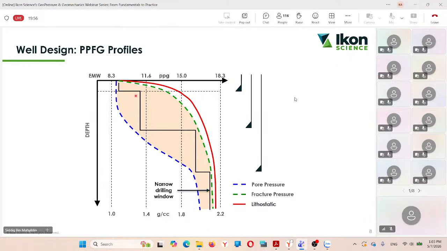So basically, you know that this is how much mud weight you're going to put to drill the well. Then you have to isolate this section. Then you put a casing there, and then you drill with higher mud weight. Until some point it cannot take that mud weight anymore, then you put the casing over there. So it's the basis of the design of the mud weight and also the casing profile as well.